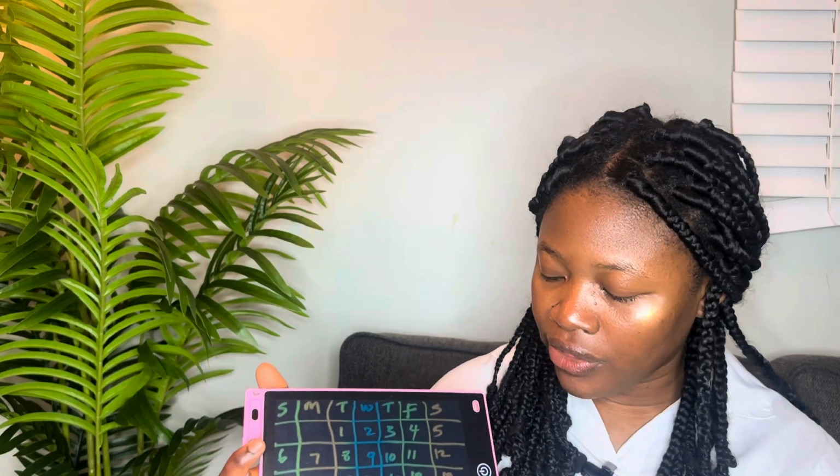If you're trying to conceive, this will be good for you. If you are not trying to conceive, this will be good for you as well. So this is a calendar of 31 days, a 31-day calendar month. So let's just get right into it.